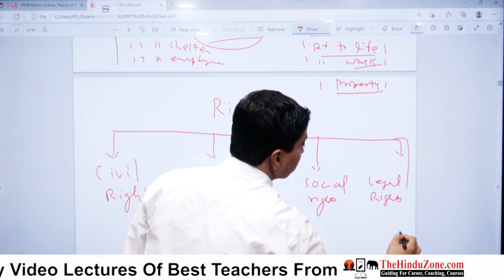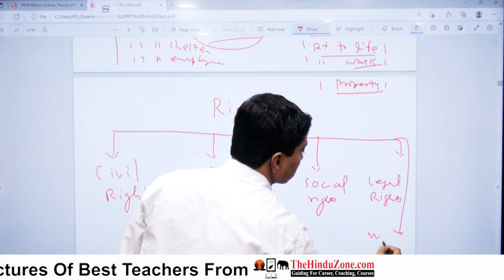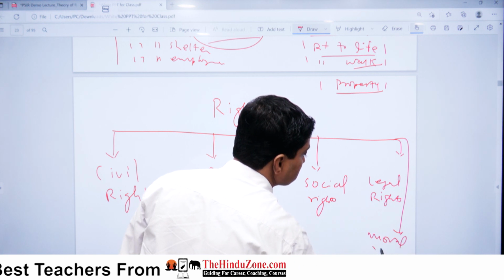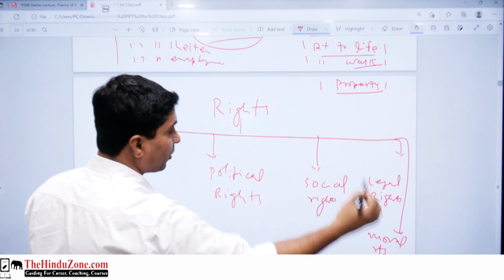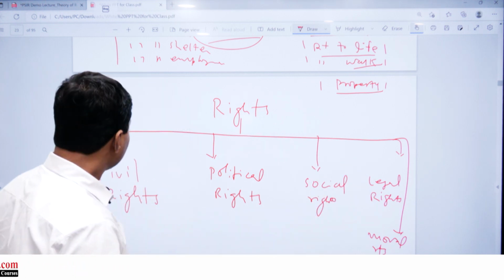Then it has moral rights. Then we will talk about constitutional rights.